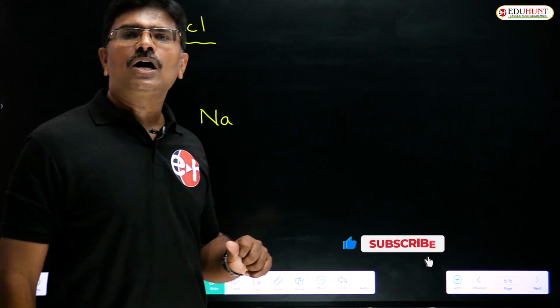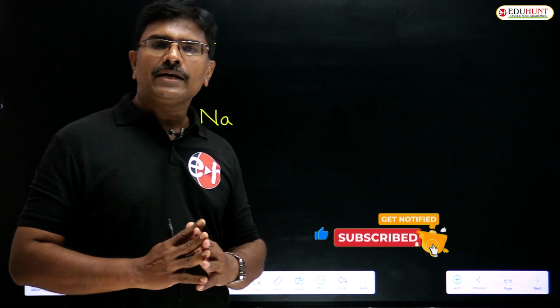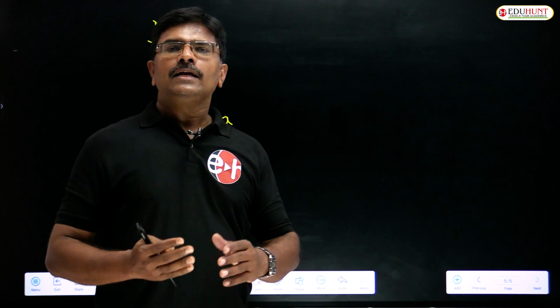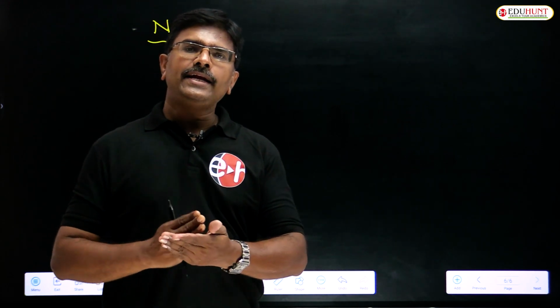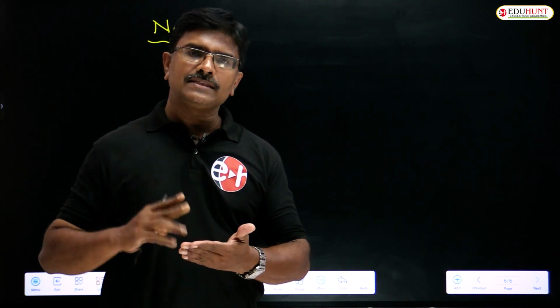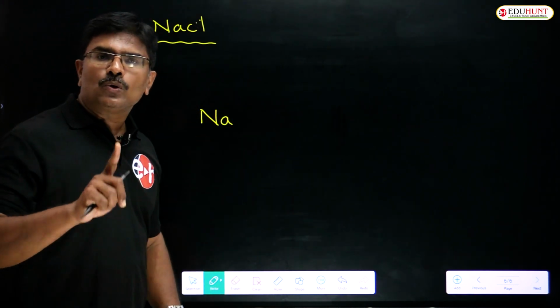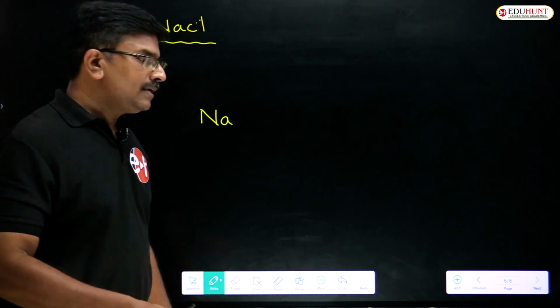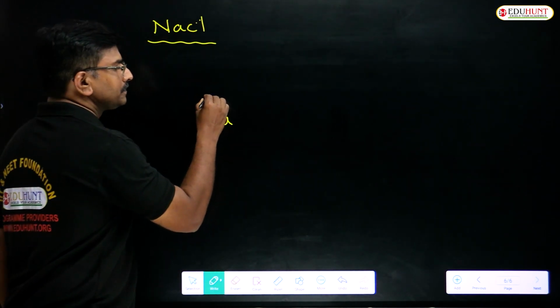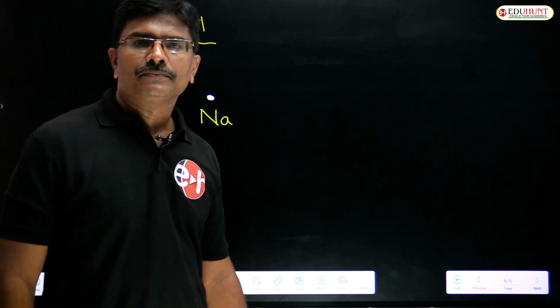Yes, sodium has 1 electron in its valency shell, because sodium's atomic number is 11, so its 11 electrons are spread in 3 shells: 2, 8, 1. Or in the orbital pattern you can say 1s2, 2s2, 2p6, 3s1. That means in the valency shell of sodium there is only 1 electron, right? So this is the Lewis dot structure of sodium atom.